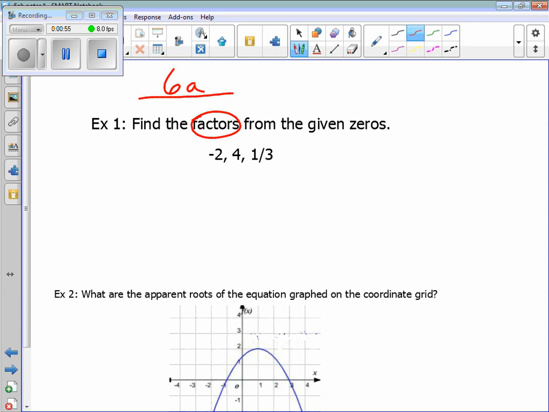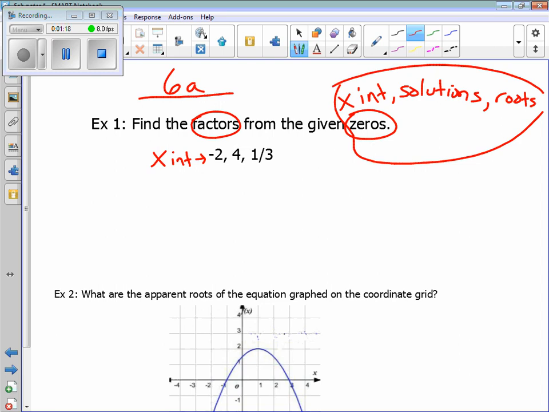Given that these are x-intercepts, or it's also called zeros. Zeros, x-intercepts, solutions, and roots are all the same thing. They're all the same.